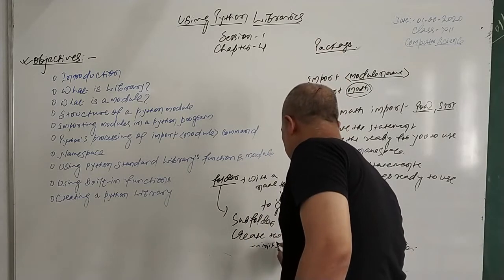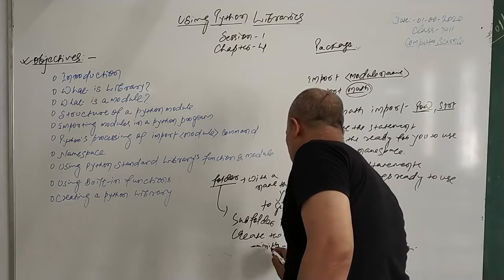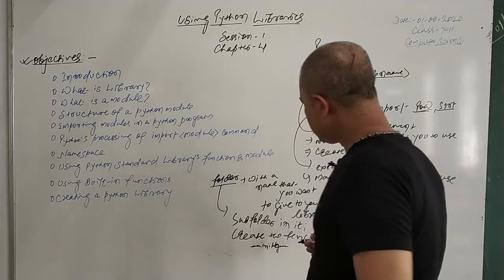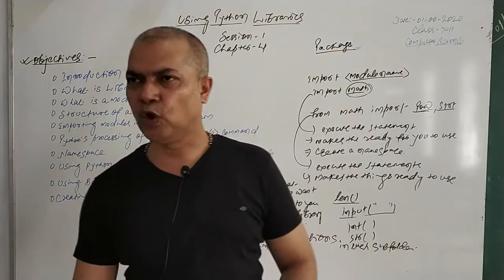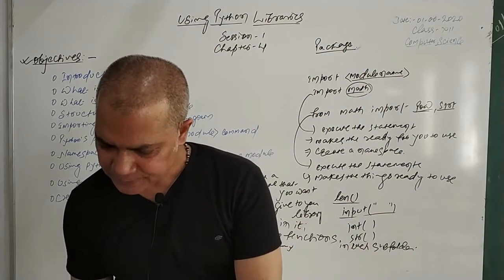You have to create a file called __init__.py. So underscore underscore init underscore underscore dot py. This is a file that you have to create in every library that you want to create.